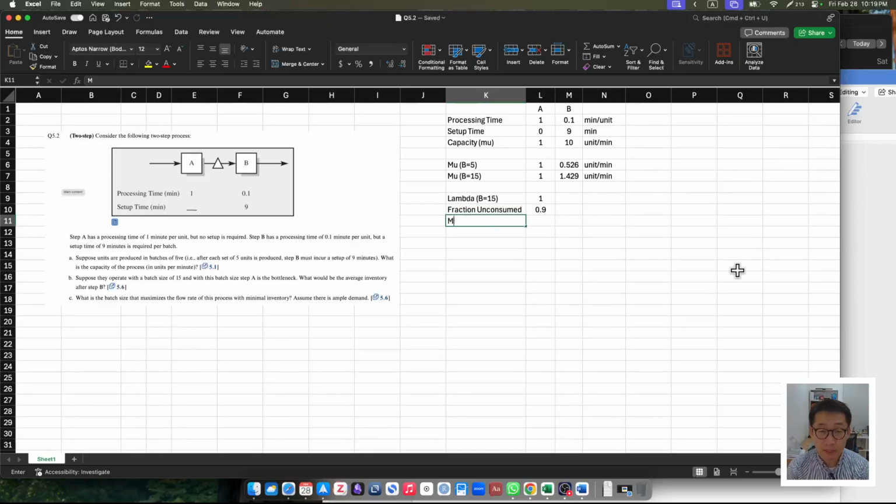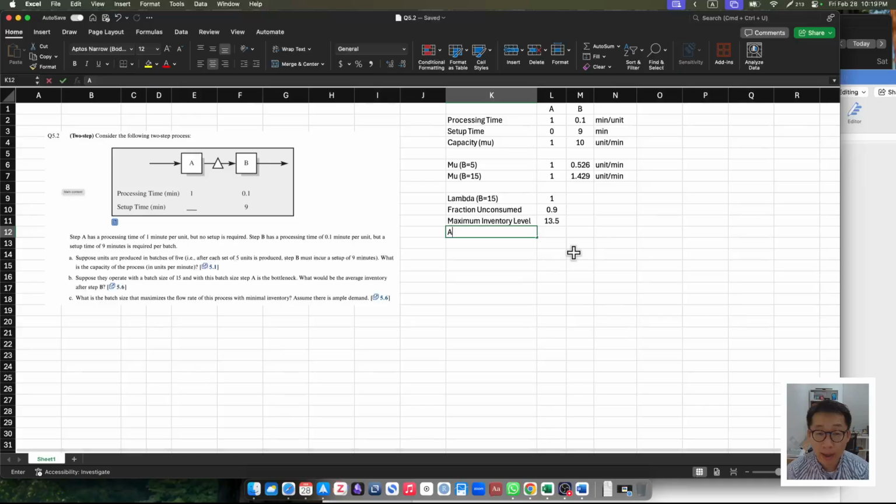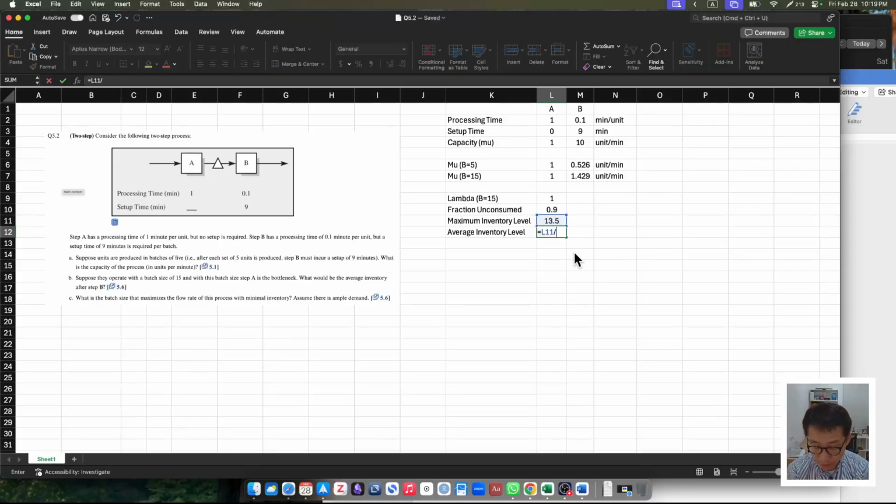So that is basically your maximum inventory level: 15 batch size multiplied by 90%. Therefore your average inventory level is basically half of that. So average inventory level after B is 6.75 units.